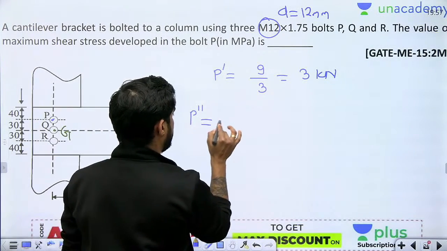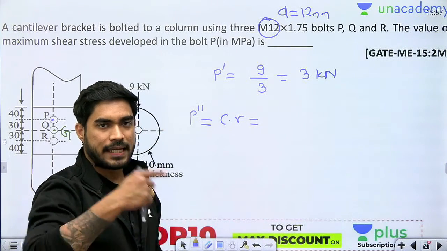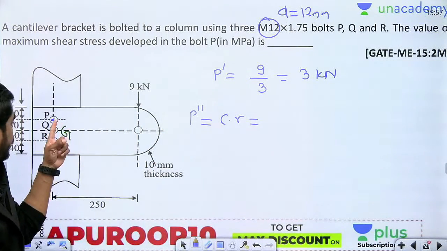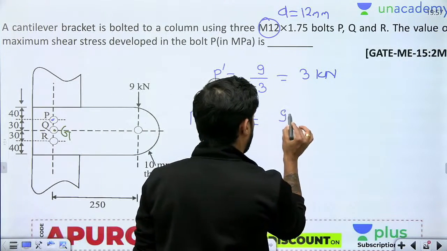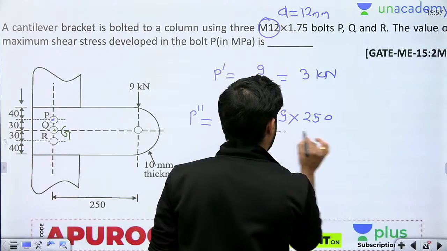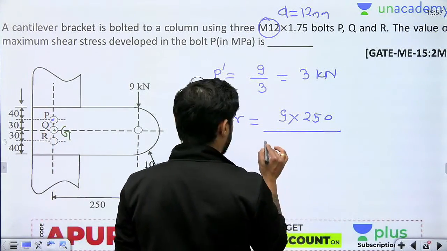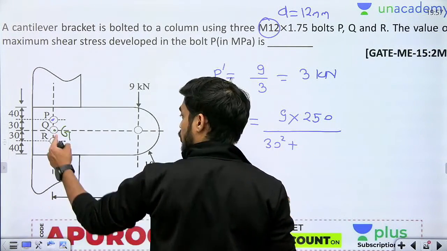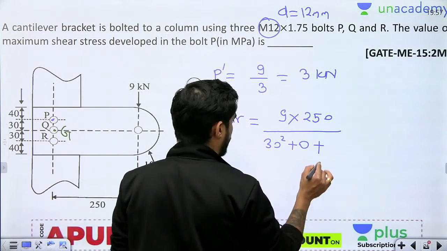Secondary force will be C into R. And what is C, beta? C is P E upon R1 square plus R2 square plus R3 square. P is 9 kilonewton. E is 250. R1, the distance from P to the centroid, is 30. R2, the distance from Q to the centroid, is 0 because Q and the centroid are at the same point.